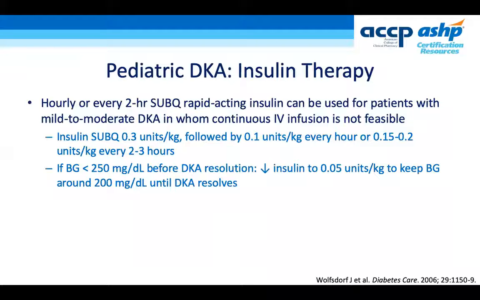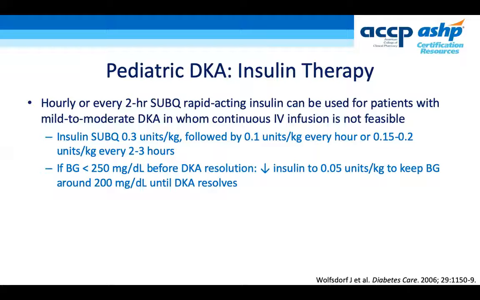And the final mainstay of pediatric DKA is insulin therapy, just as it was in adults. For pediatric patients who are in mild to moderate DKA, or in whom a continuous IV infusion is not feasible for one reason or another, you can do sub-Q rapid-acting insulin.